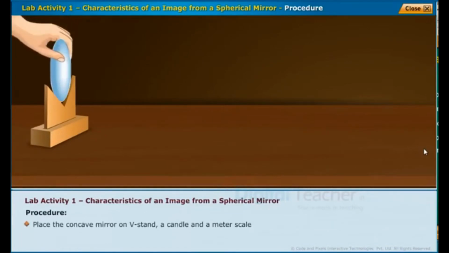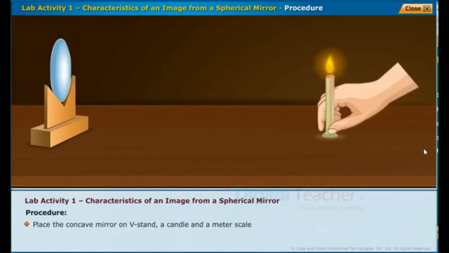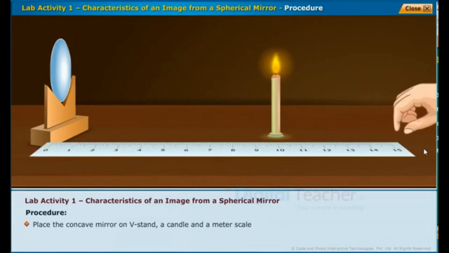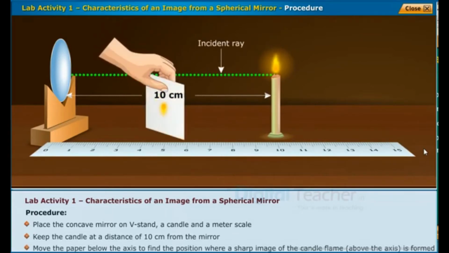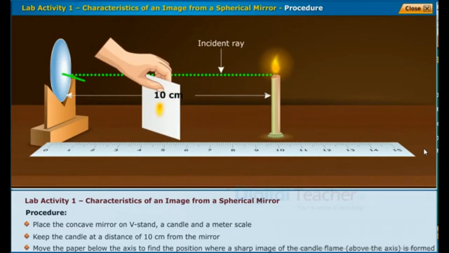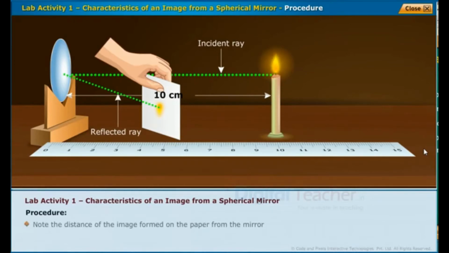Place the concave mirror on V-stand, a candle and a meter scale. Keep the candle at a distance of 10 cm from the mirror. Move the paper below the axis to find the position where a sharp image of the candle flame above the axis is formed. Note the distance of the image formed on the paper from the mirror.